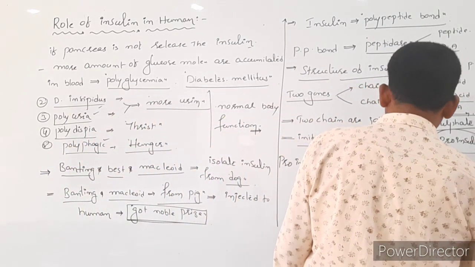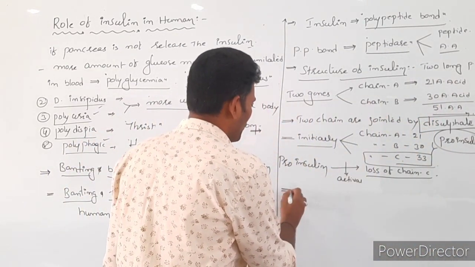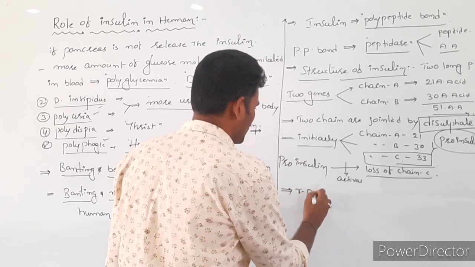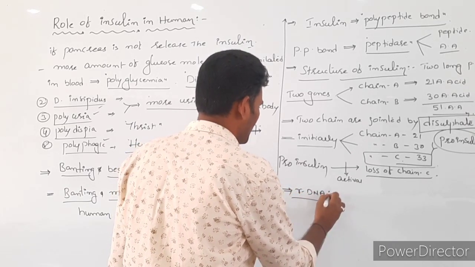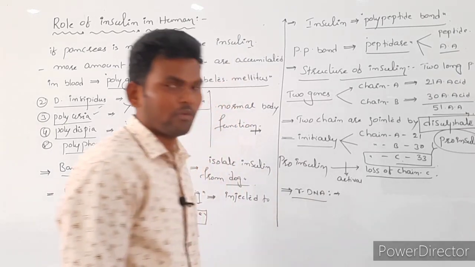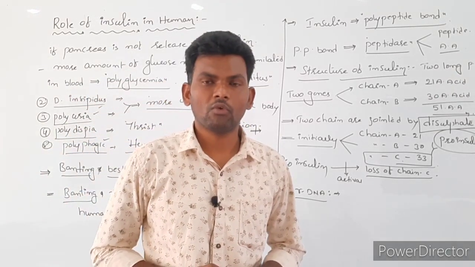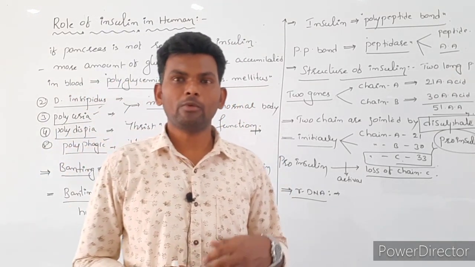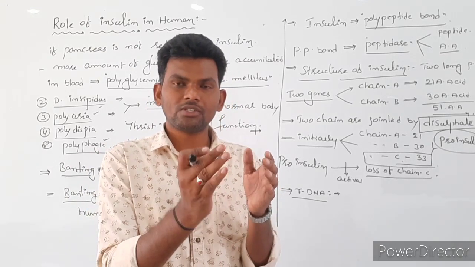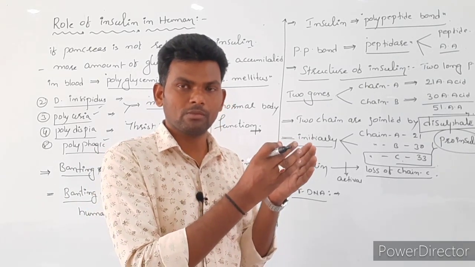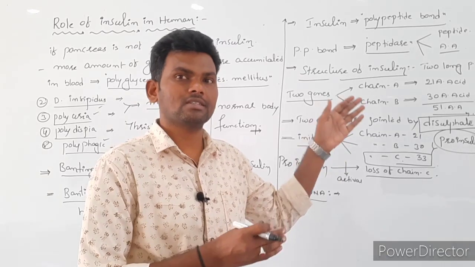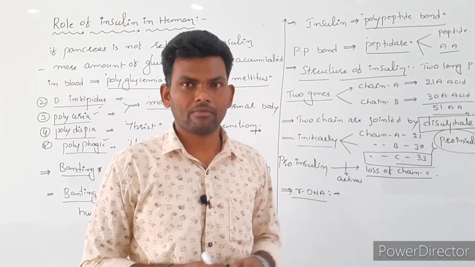Next, with the help of rDNA technology, we can make the insulin. What do you have to do first? From human chromosome number 11, we have to separate the A gene and insert it into one E. coli cell.